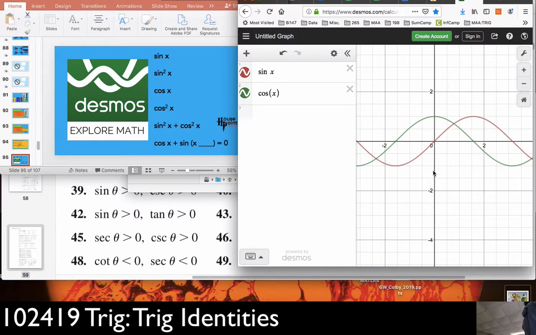So if you were to add pi over 2 to the cosine, you would get the sine. It would just shift that curve over to be the sine curve. Does that make sense? No, it doesn't. I understand that.